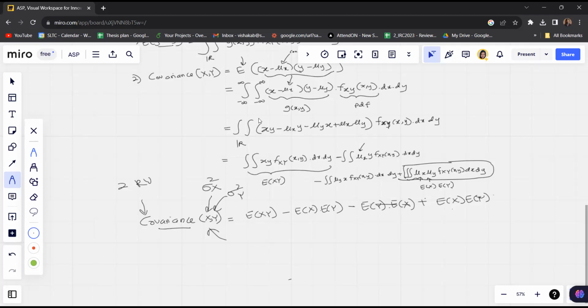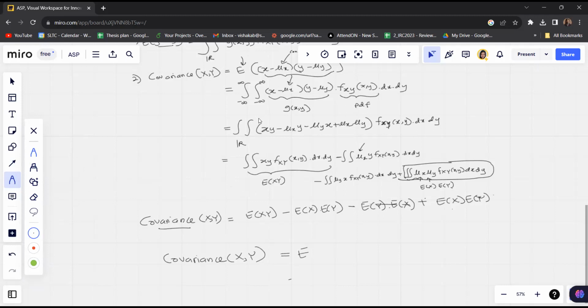So you can try to understand that covariance further in your own free time, and also try to get this output on your own, this covariance expression. It is one of the results that you can maybe try to derive on your own.